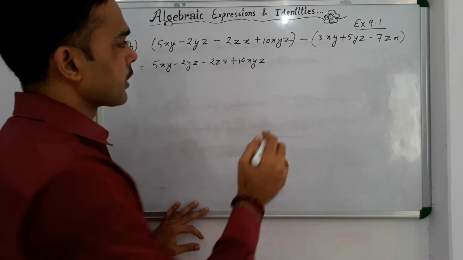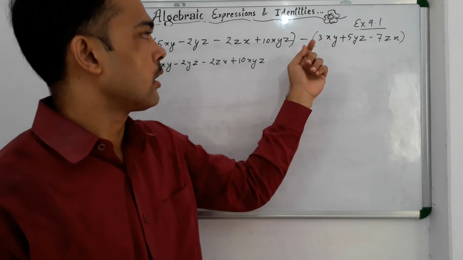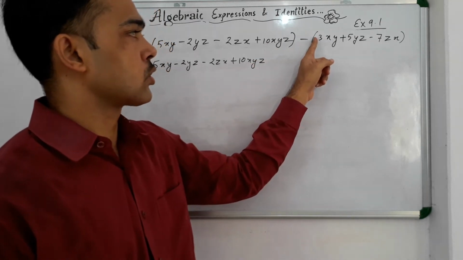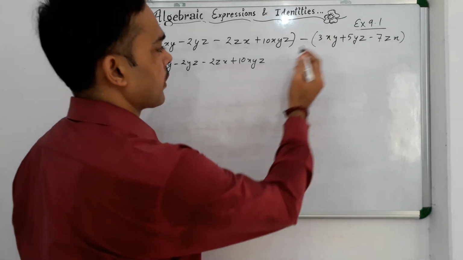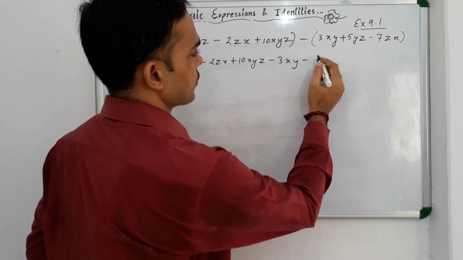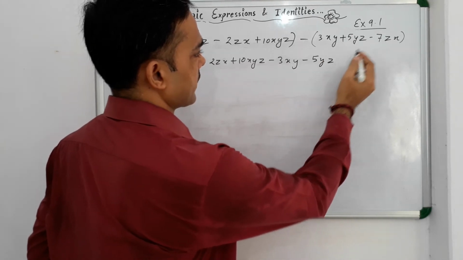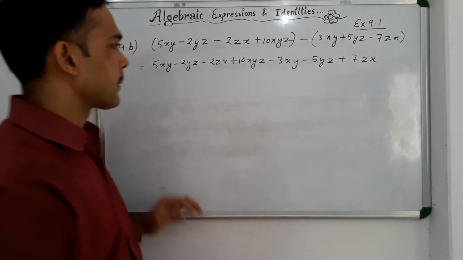And then you know that whenever the negative sign gets multiplied inside the bracket, we change the sign. So if there is no sign, it means it is positive, and when we change the sign, this will become negative. So it is minus 3xy, this is positive so it will become negative. 5yz, this is negative so it will become positive. Okay, I am repeating it once again.